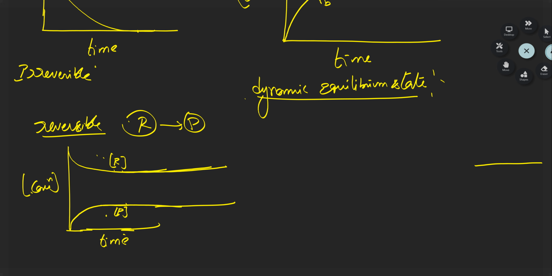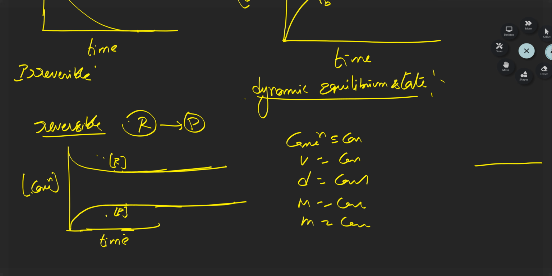The products' concentration is also constant. With the difference in concentration of products and reactants, it will attain equilibrium. What is equilibrium? Concentration will be constant, volume constant, density constant, molarity constant, moles constant. All measurable properties will be constant.